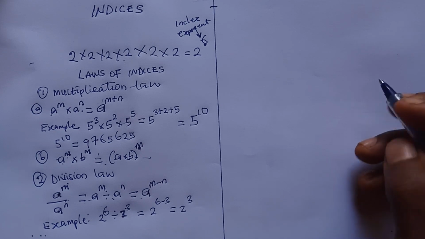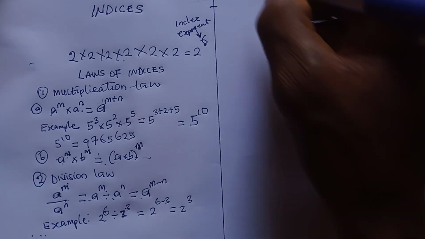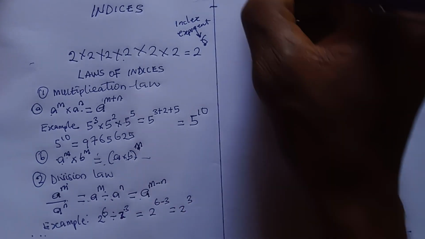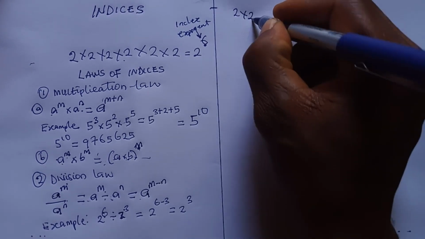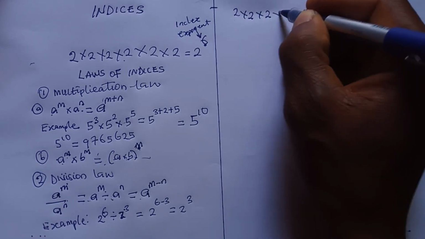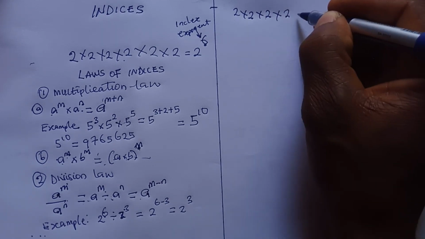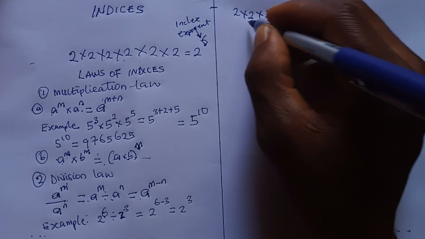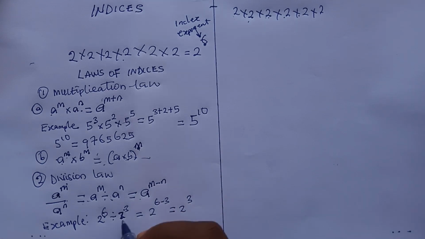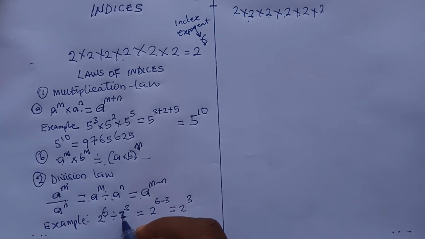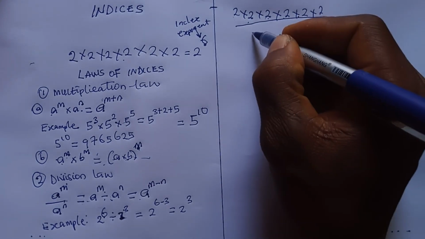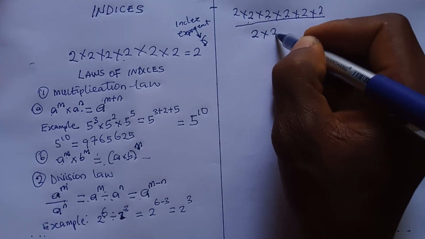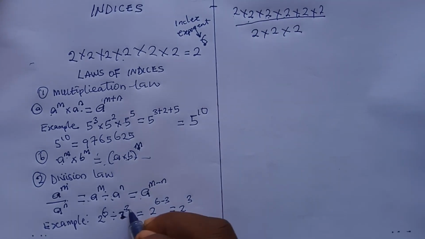Or on the contrary, you can say that 2 raised to the power 6 is 2 multiplied by 2 multiplied by 2 multiplied by 2 multiplied by 2 multiplied by 2, that is 2 six times: 1, 2, 3, 4, 5, 6. Then it's divided by 2 raised to the power 3, so it's going to be divided by 2 multiplied by 2 multiplied by 2, that is 2 three times.